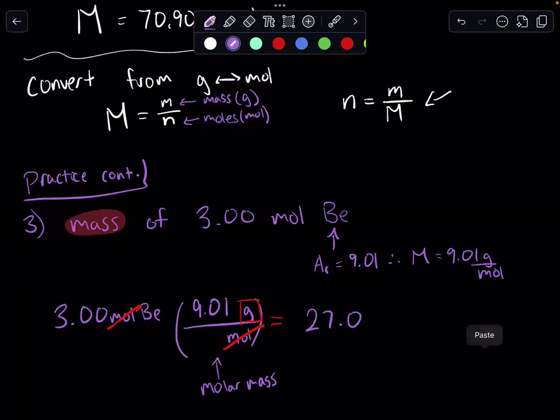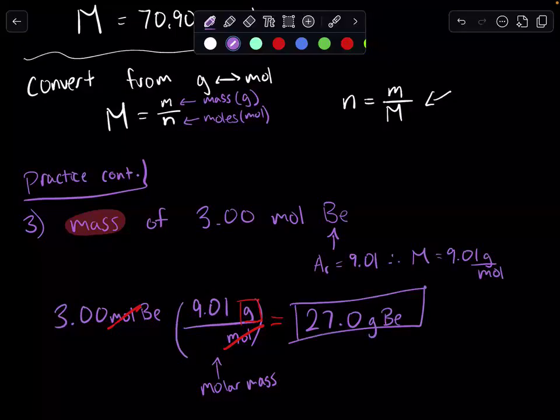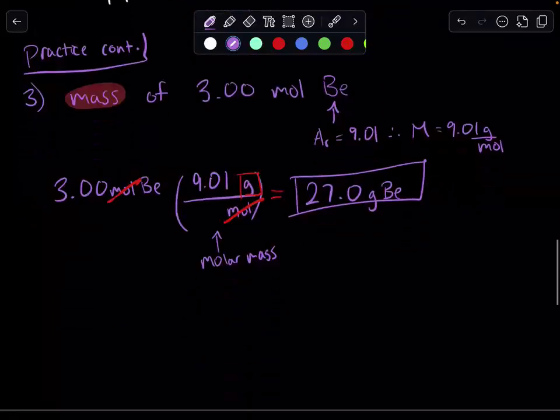It is 27.03, but we'll talk about significant figures in another section, which tells us how many figures we have in our answer. But 27.0 grams of beryllium. So there is our answer.